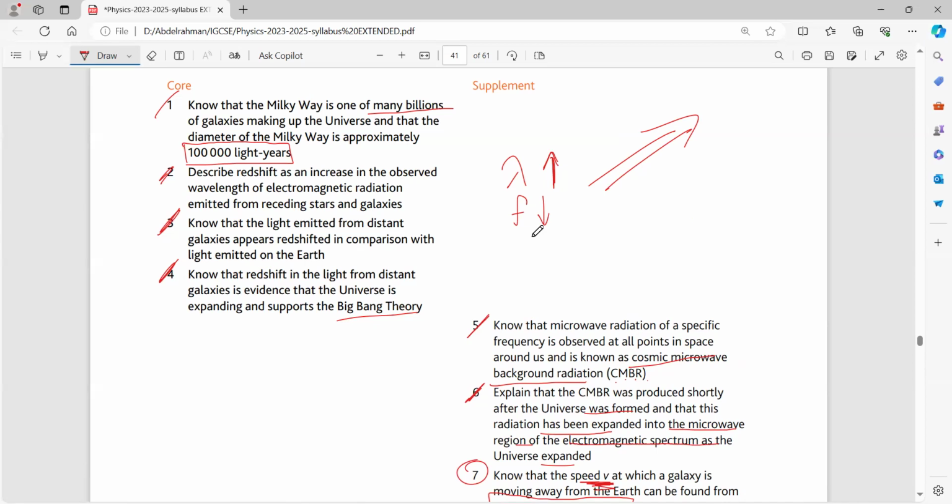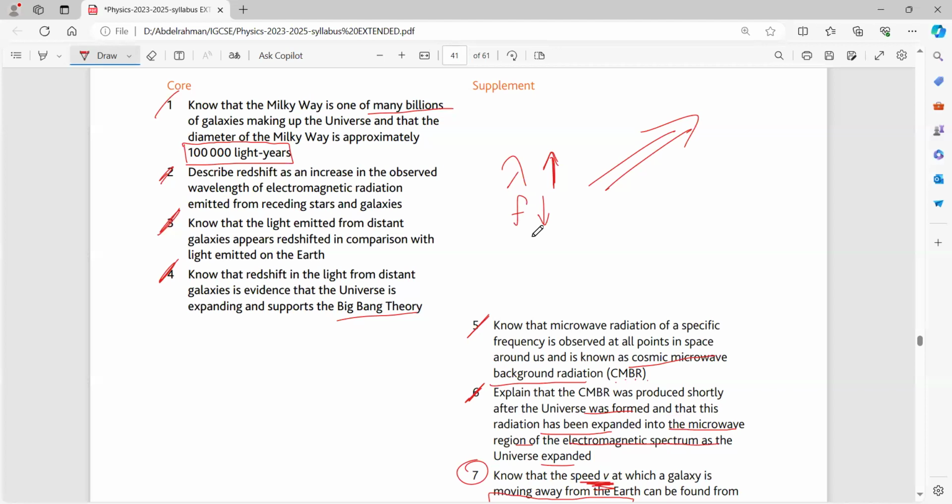Even if it explodes today, you will only know in 4 years. Why? Because the light of this explosion will take 4 years to travel from that star all the way to Earth. And that's what 4 light years means.